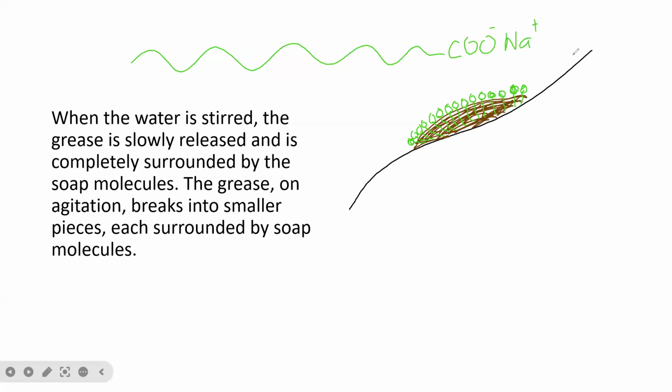Now, when this soap molecule is dissolved in water, because the head is ionic, the sodium will disappear, and the COO minus is what will be left of the head, because the sodium would be free to move about as an ion in the water.